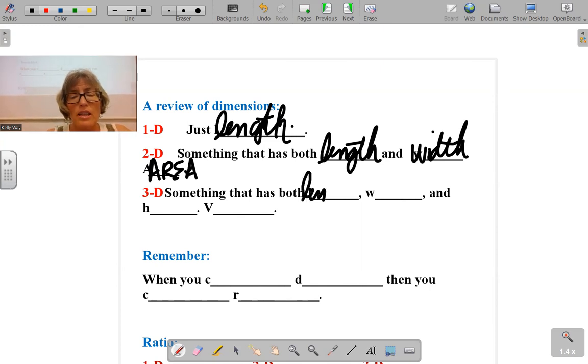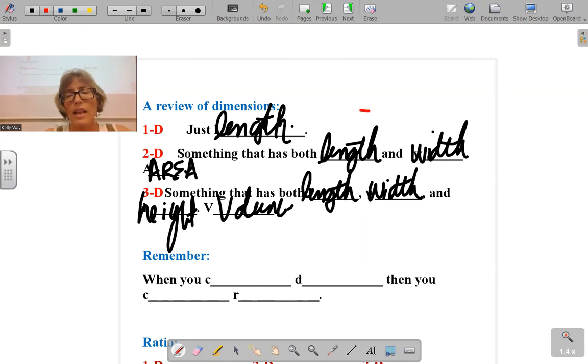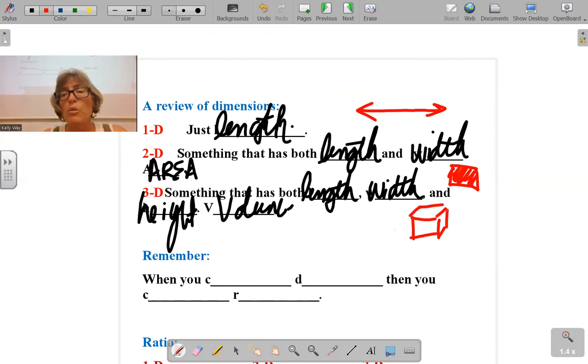Something that has length, width, and height has three dimensions. That's what we would call volume. So just length, one dimension. Length, width, as if you were painting a wall, two dimensions. Length, width, height, start thinking solids. Volume, three dimensions.